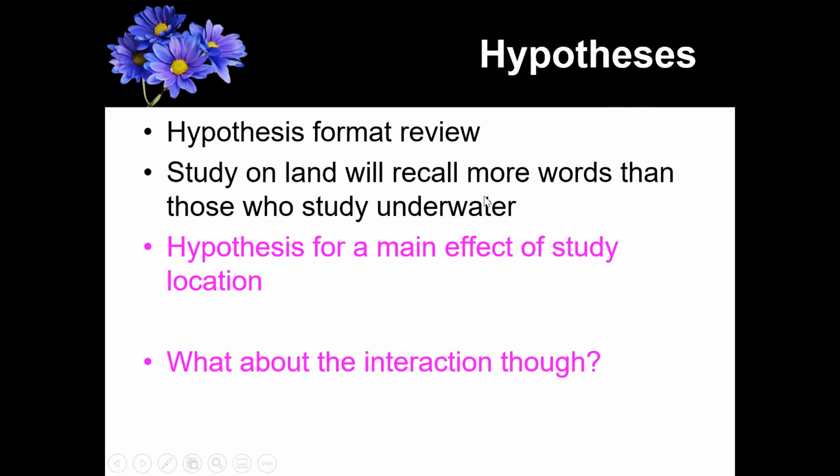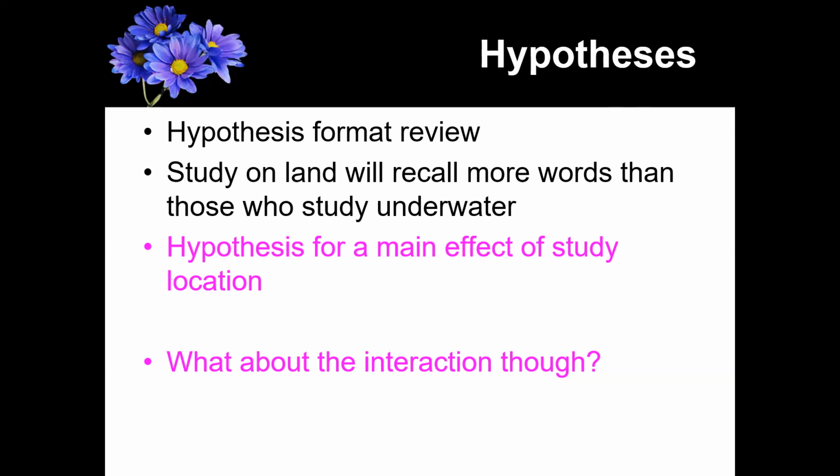But our hypotheses are phrased a little bit differently when we have more than one independent variable, because we have to talk about the interaction. Okay. You should be talking about the main effects too, but especially talk about the interactions. Also keep in mind that the main effect might be ambiguous because of the interaction.